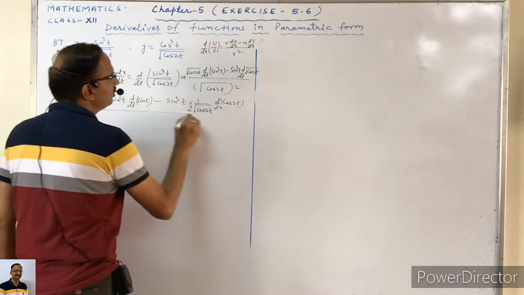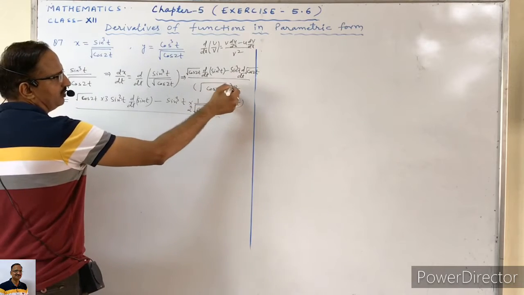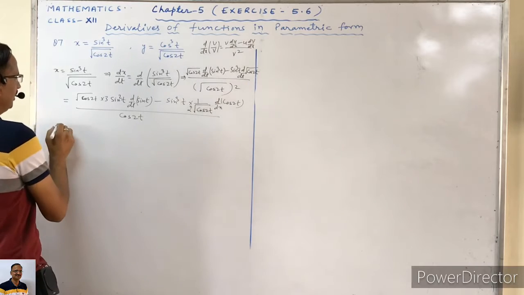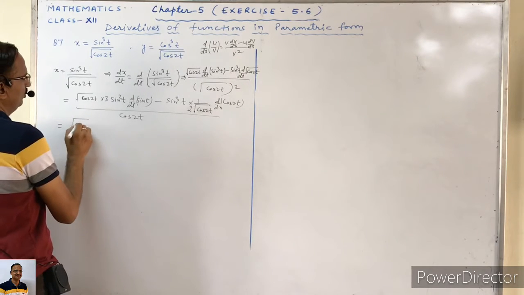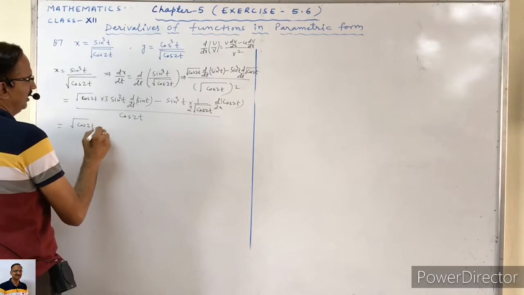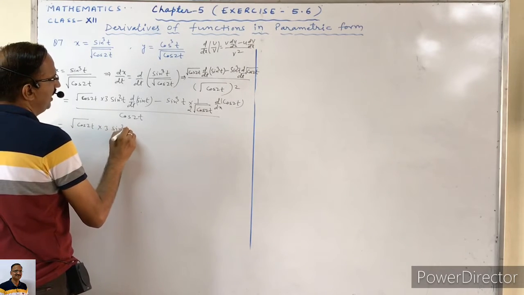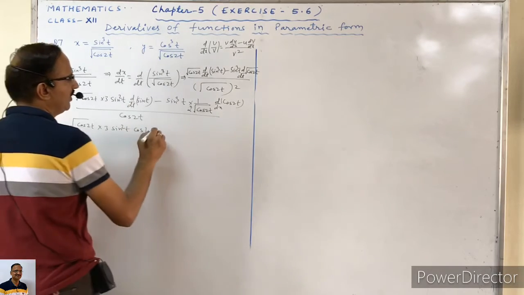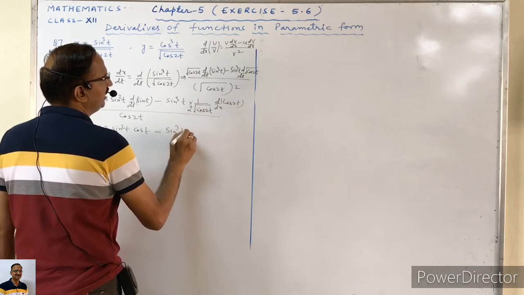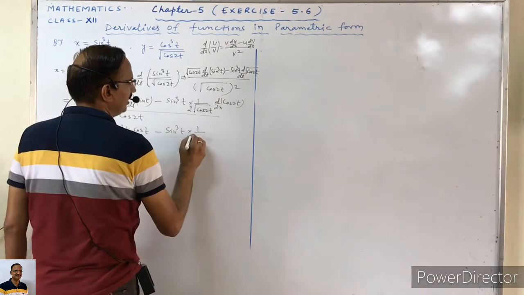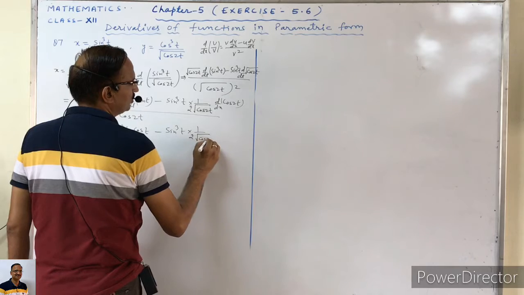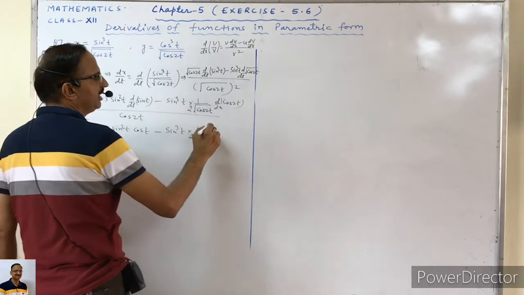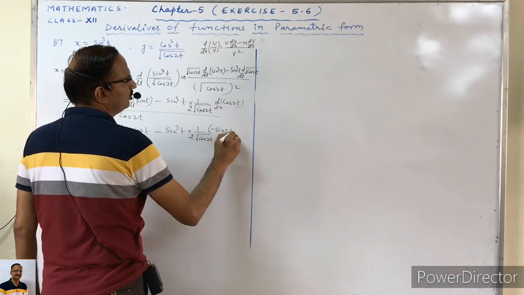In the denominator there is no change. This square root cancels with the square, so we will get cos 2t. Now in the numerator we have root cos 2t, this is 3 sin²t and the derivative of sin t is cos t, minus this is sin³t, this is 1 by 2 root cos 2t and the differentiation of cos 2t is minus sin 2t.